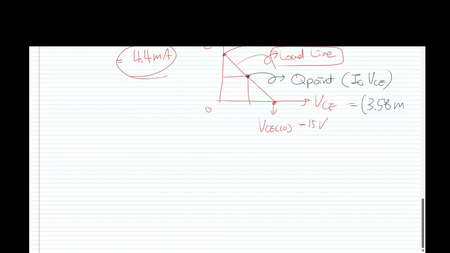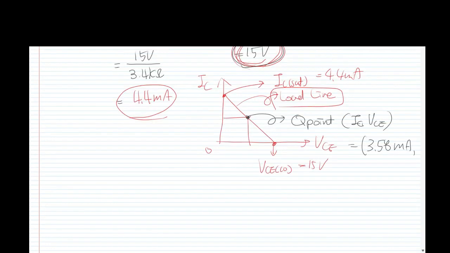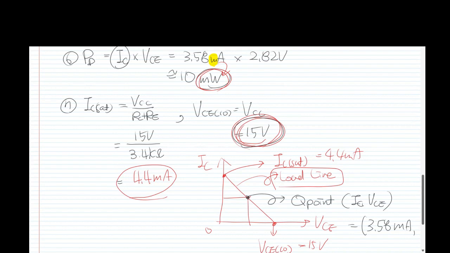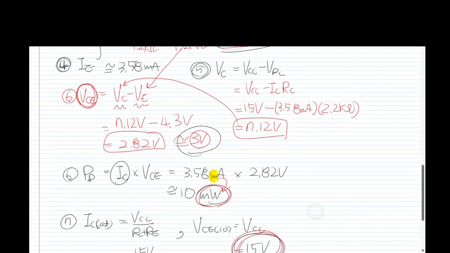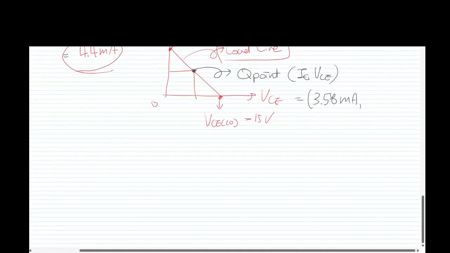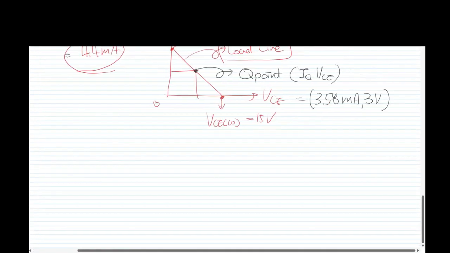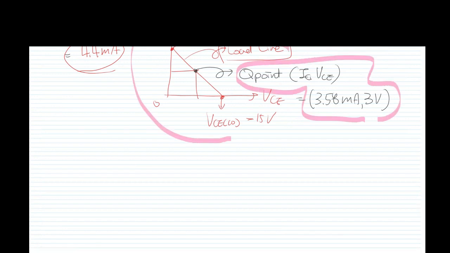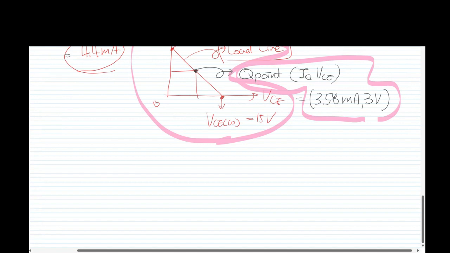And for V sub CE, go back to question 6: approximately 3 volt. That is the answer for the Q point. This is the load line.